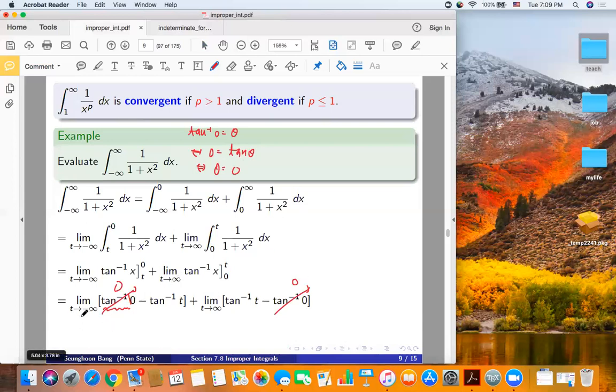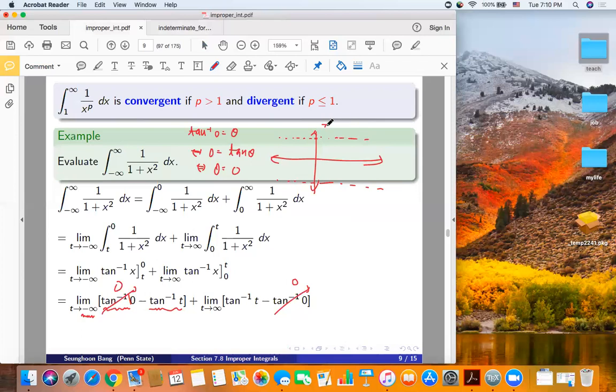One more. The t value approaches minus infinity. What happens to inverse tangent of t? So what is the answer? Minus pi by 2. Is that right? Minus pi by 2. Yes, we can use the graph. What is inverse tangent of t?